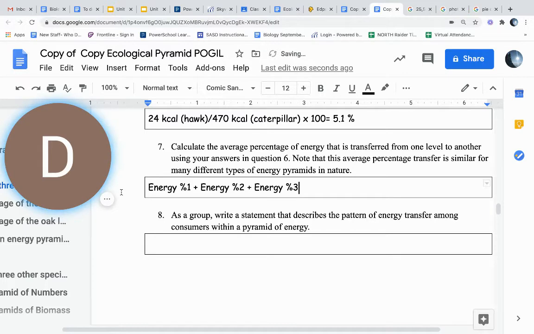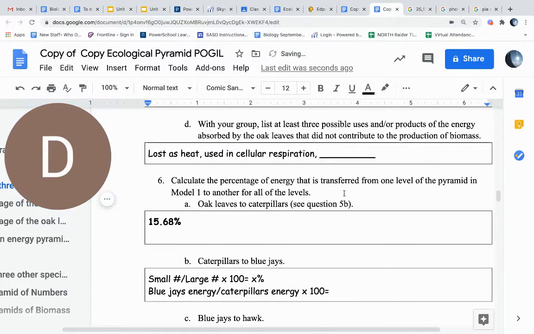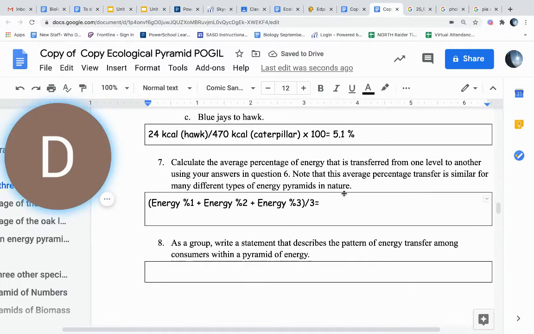And then you're going to divide all these. So if we think about these mathematically, we take the sum of all these, we divide it by how many numbers we have, which is 3, and that will give us the answer. So if we set this up, we're going to have our 15.68 plus whatever that value is for the second energy. You've got to calculate that, plus 5.1, all that divided by 3.